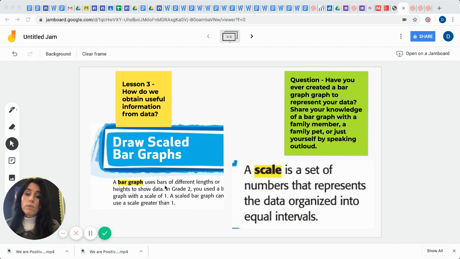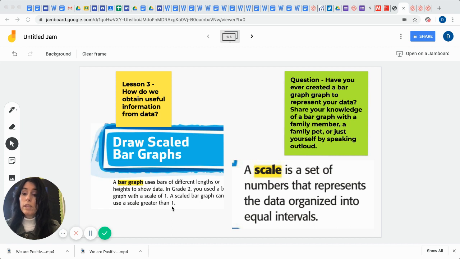So a bar graph uses bars or rectangles that go up in a certain space of different lengths or heights to show data. In second grade, you used a bar graph with a scale of 1. A scaled bar graph can use a scale greater than 1.